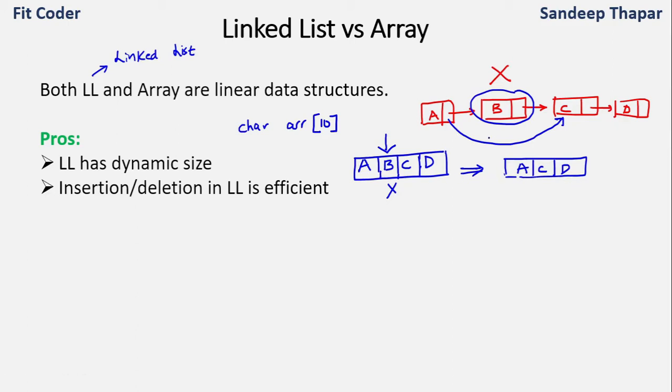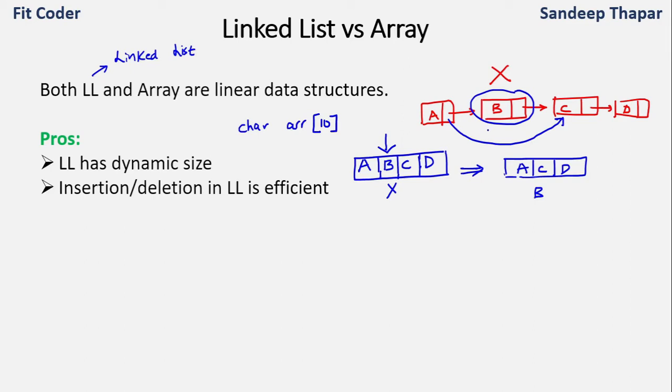But in case of linked list, we just have to change the pointer to the next node. So insertion and deletion in the linked list is very efficient. Similarly in insertion, you now have to insert B here in ACD. You again have to shift the elements C and D one step after. But in linked list, we can just change the pointers and insert a node at any place.